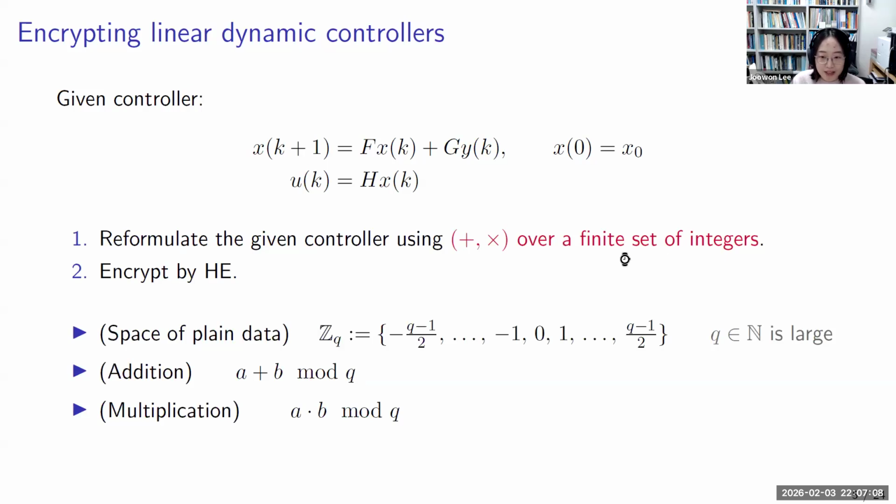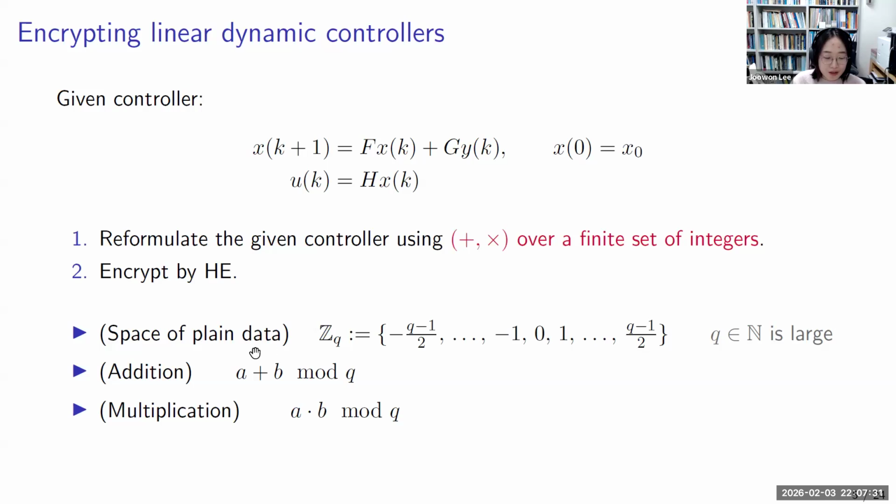what I mean by a finite set of integers is in many cases given as this ZQ as a space of plain data. And here Q is some very large positive integer, and you can see that ZQ is bounded.